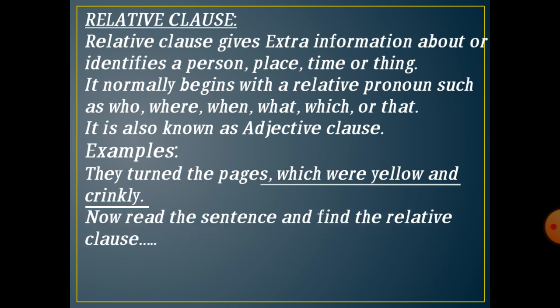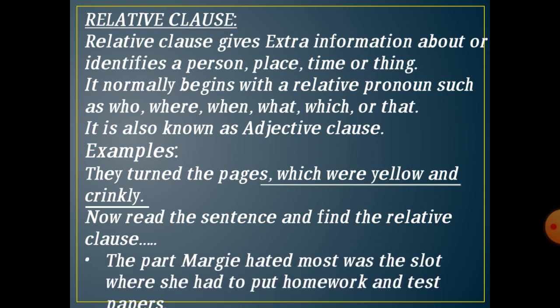Another one. We will read some sentences and find the relative clauses. One second. The part Margie hated most was the slot where she had to put homework and test papers. Find the relative clause. What would be the relative clause?